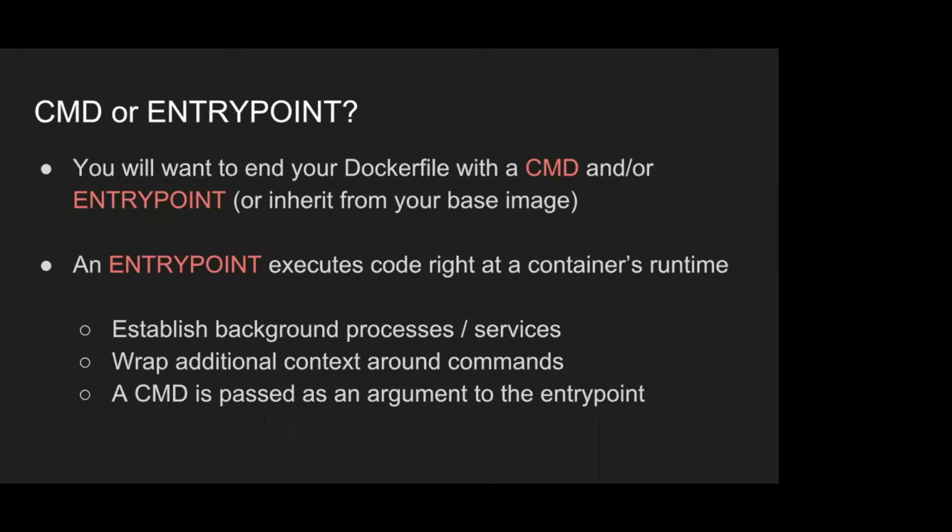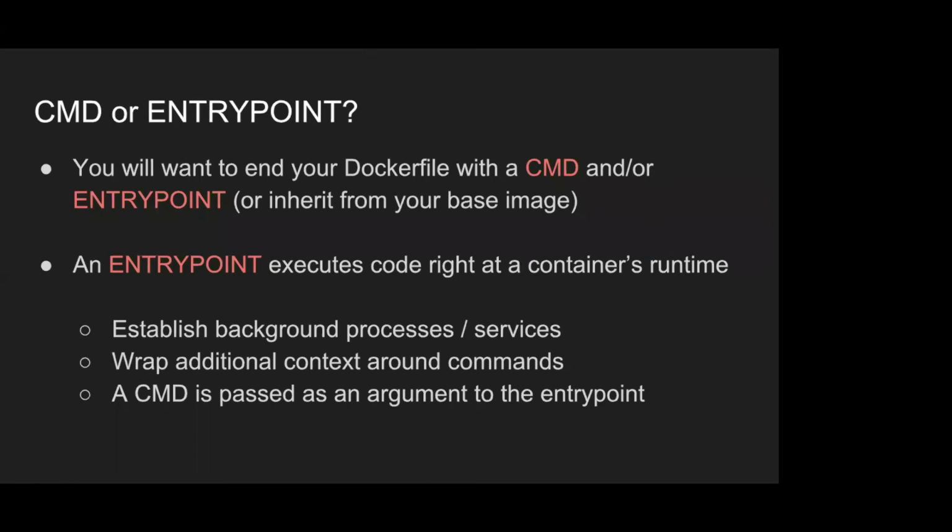So an entry point is kind of, as it sounds, a starting point for when you run your container. So it will execute some code automatically at runtime for when you create a container. That code is always executed, whereas a command is more of an optional kind of thing. If you don't explicitly specify a command, it will run whatever's defined in your Docker file. But an entry point will always be executed.